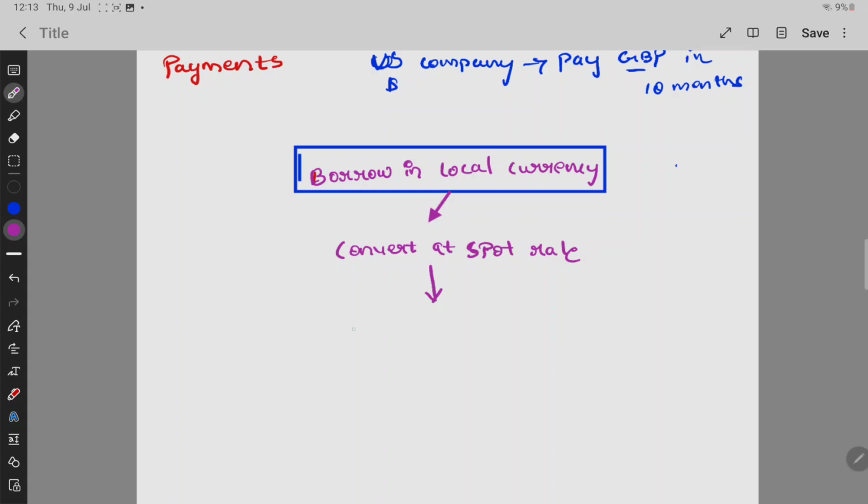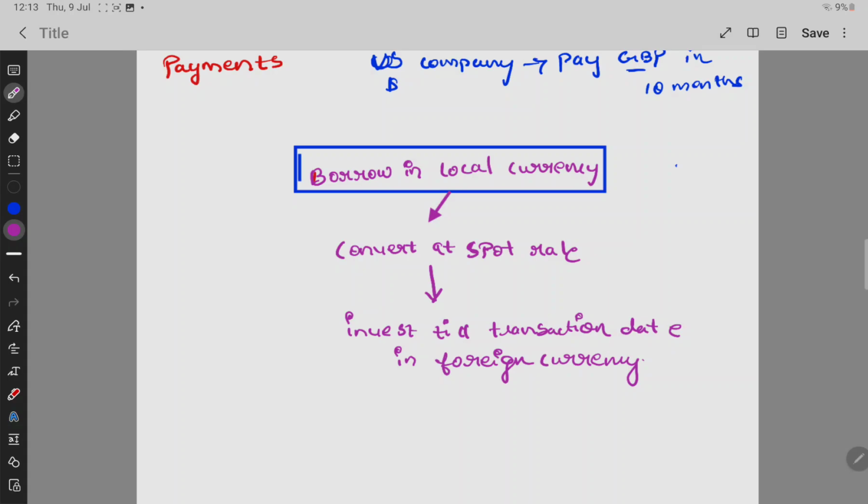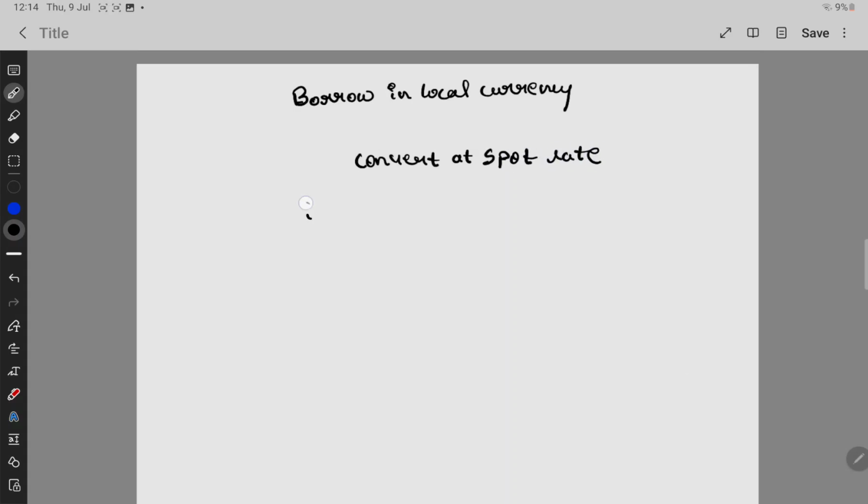Next, I will invest this converted amount till the transaction date in foreign currency. Let me write it again. First you borrow in local currency, convert at spot rate, invest till the date in foreign currency. How this is going to happen, I'll tell you.